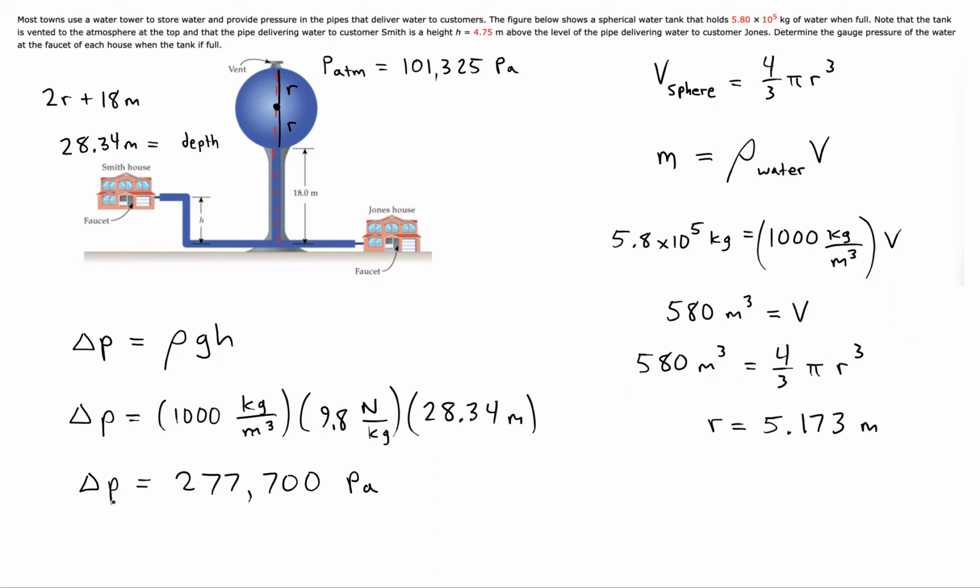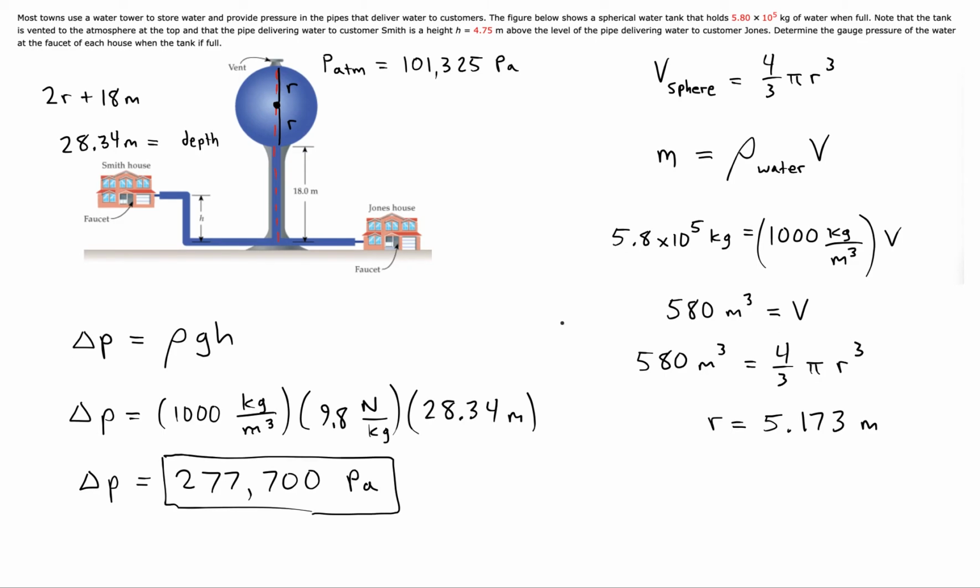Now the absolute pressure would be found by adding this to the atmospheric pressure. But it didn't actually ask for absolute pressure. It asked for what's called gauge pressure, which is just the difference between the atmospheric pressure and the water pressure for the house. So I would actually just leave it like this as my answer for the Jones house.